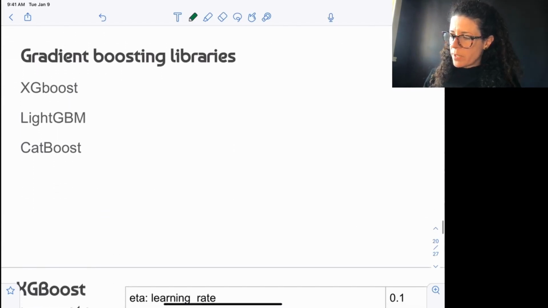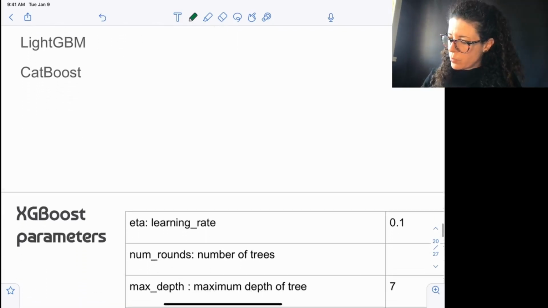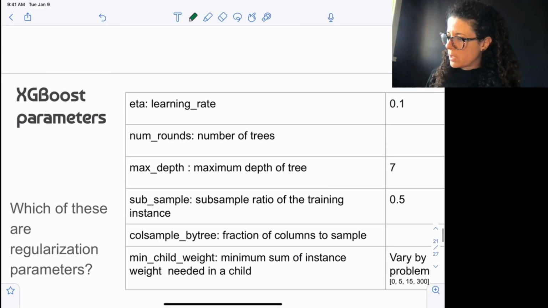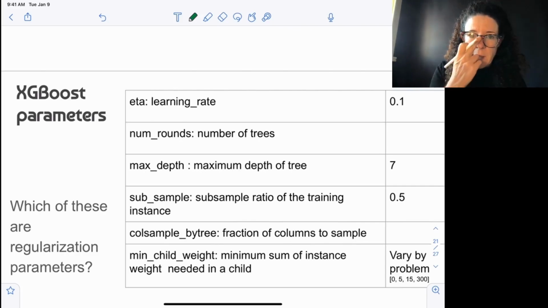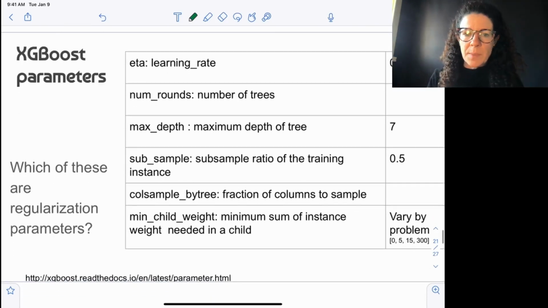So there are a few gradient boosting libraries: one is XGBoost, another one is called LightGBM, and there's another one called CatBoost. XGBoost has a bunch of different parameters that I would like you to explore at some point. So the learning rate, the number of trees, then you can define the max depth of a tree, and here are some of the values that you could use. You can subsample the training data. Instead of just using all the training data, you can subsample it and use, say, 50% of the data to fit each tree.